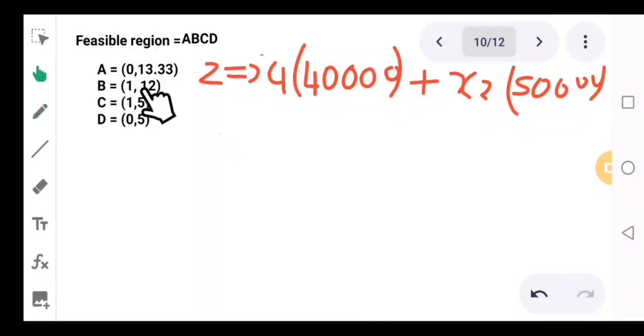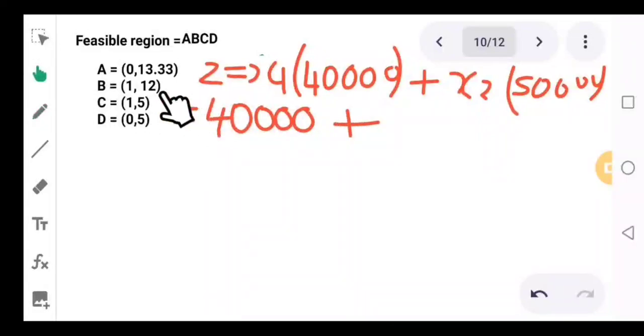This 12 is roughly taken. The value will be a little below or above 12. I've roughly taken it as 12. You can use a proper graph to get the exact value. I'll be taking this as 12 now. Your x1 is equal to 1, so 1 into 40,000 is 40,000, plus your x2, which will be 12, that is 12 into 50,000. 12 into 50,000 will be equal to 6 lakh.